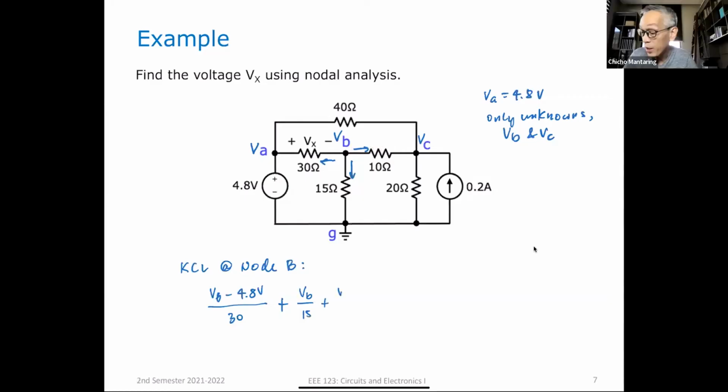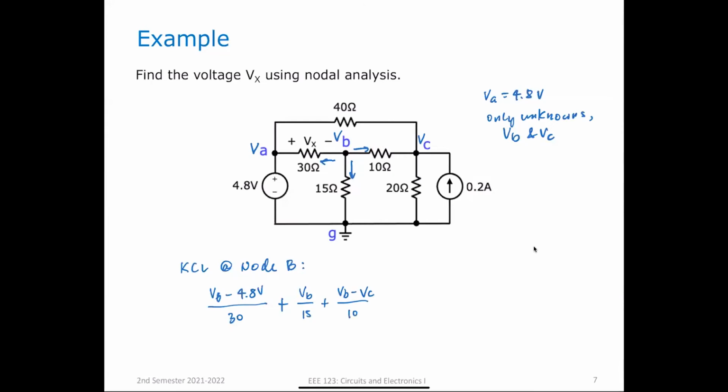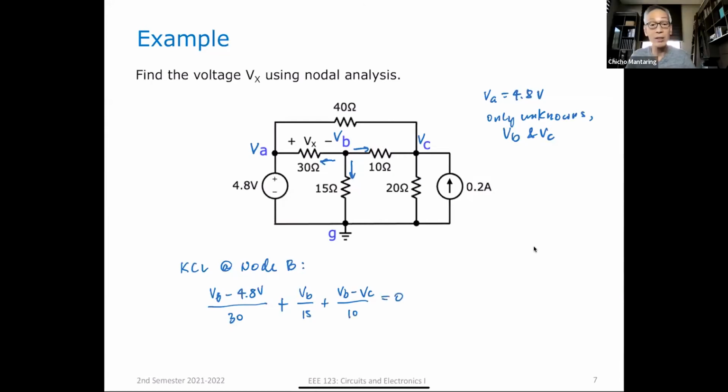So that's VB minus VC over 10 ohms, is equal to 0. So I have three currents: this is my first current, this is my second current, and this is my third current.